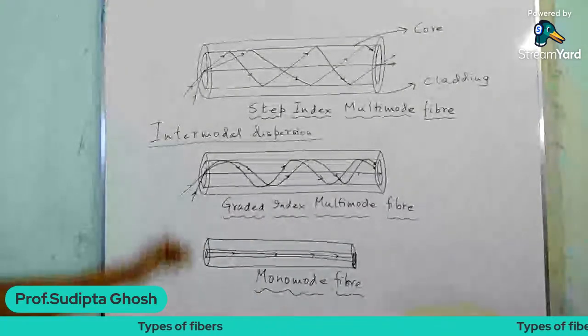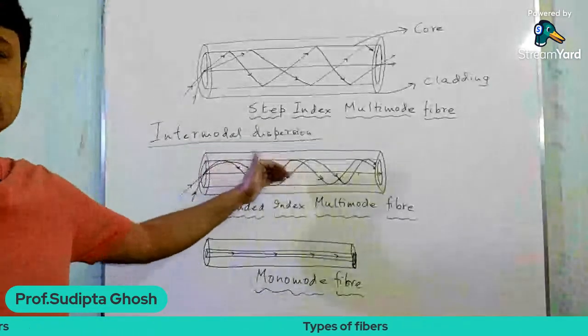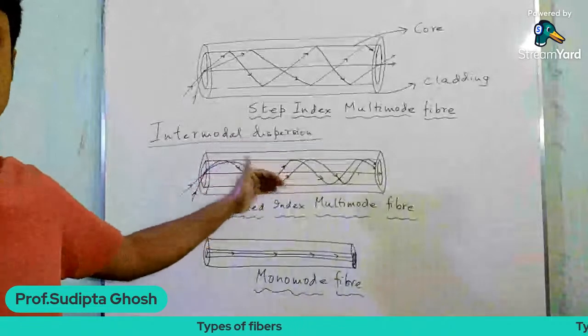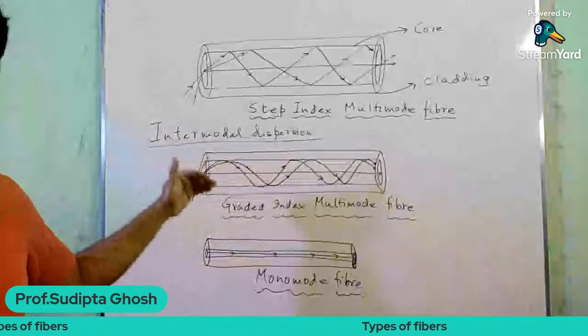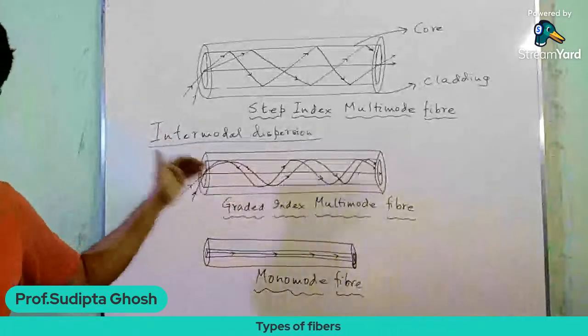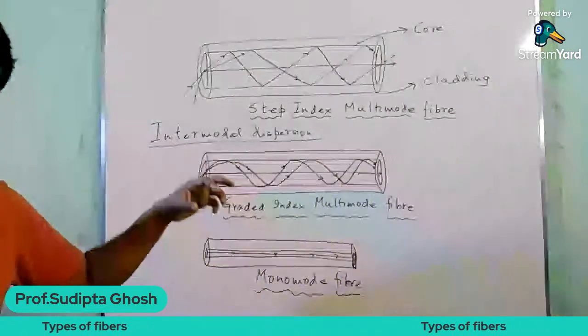The rays spiraling around the central axis of the core, where the core has the maximum refractive index, have the minimum velocity.